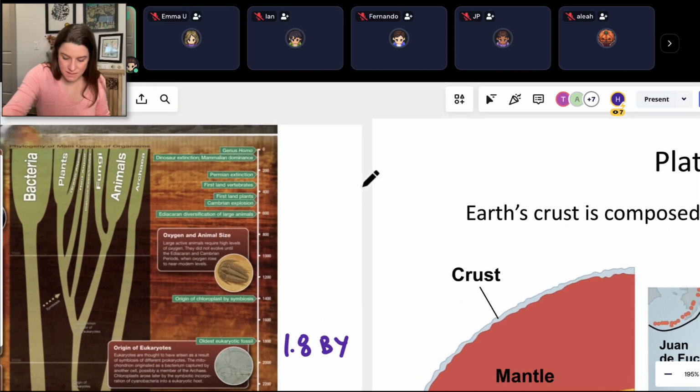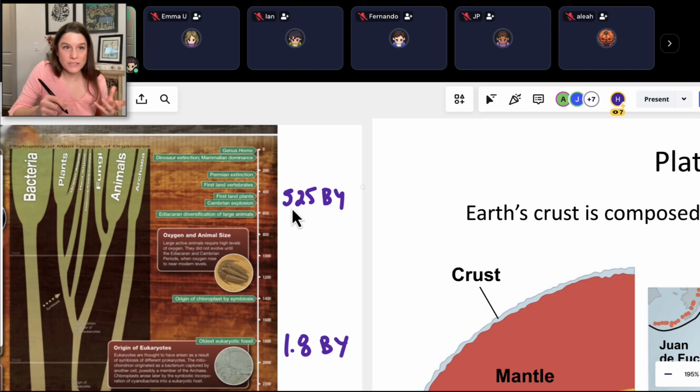And then we have here, land plants. Not 600. Oh, what are they putting it at? 525 or something? I should look that up. And then we've got vertebrates, and earlier than that we have insects.